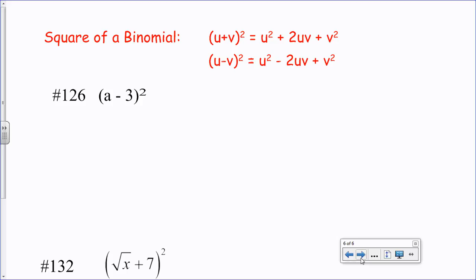This is if, when you square a binomial, it's addition, and this is if it's subtraction. When I talk you through it, it really doesn't matter if it's plus or minus. We'll still get the right answer.